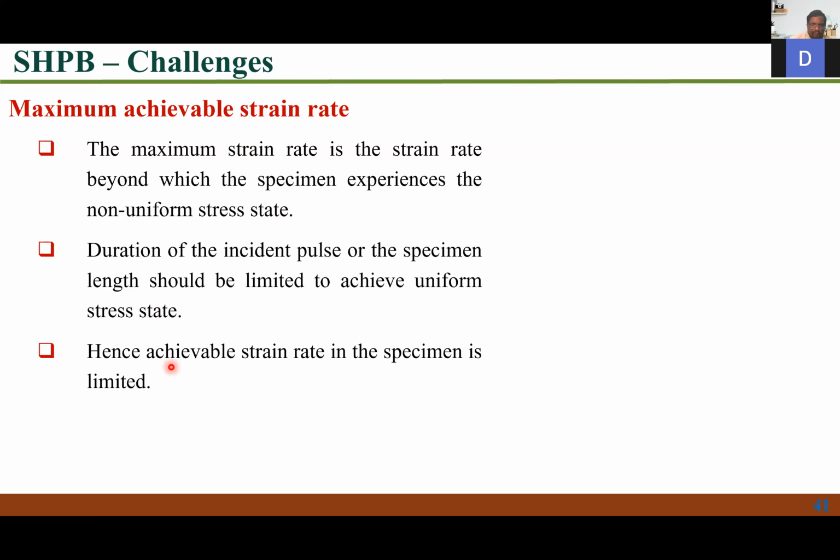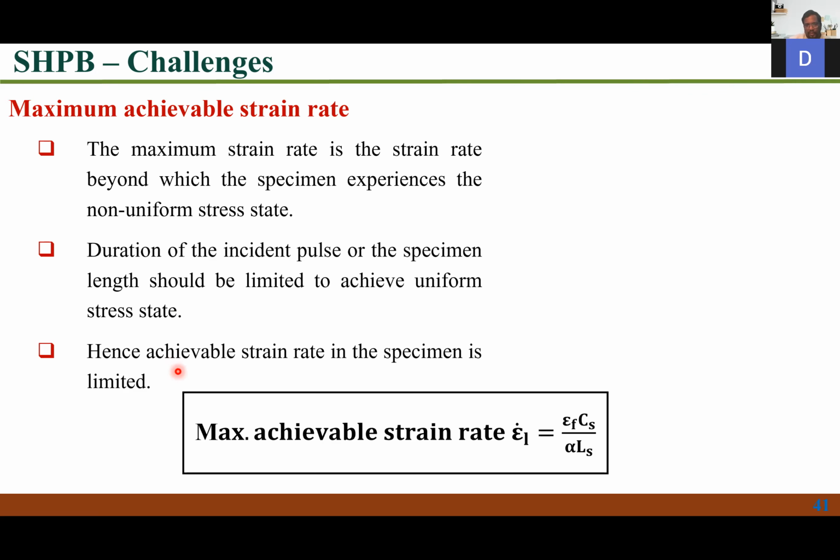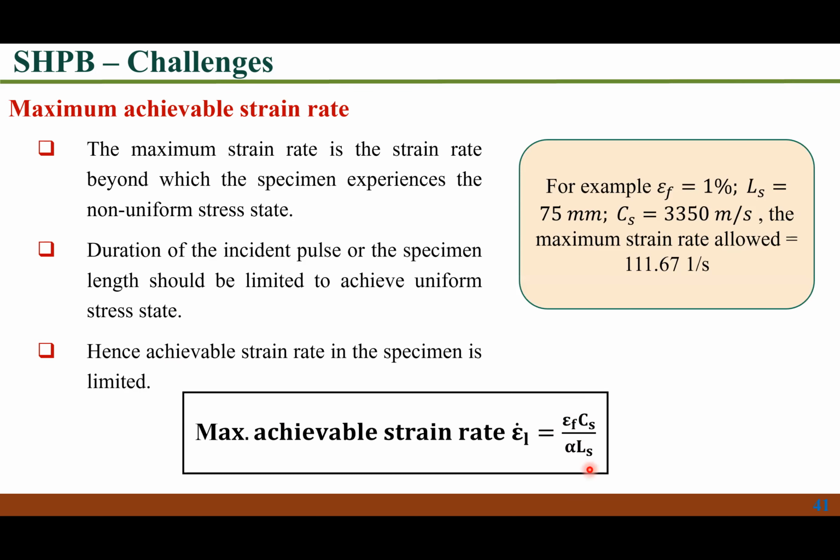For a particular setup, a particular striker diameter, and a particular pressure range that you're releasing, there is always a maximum cap on the strain rate that you can apply. That can be calculated using the strain at failure of the specimen, the wave speed in the bar, the length of the specimen, and so on.